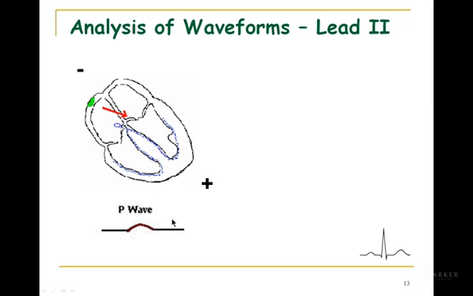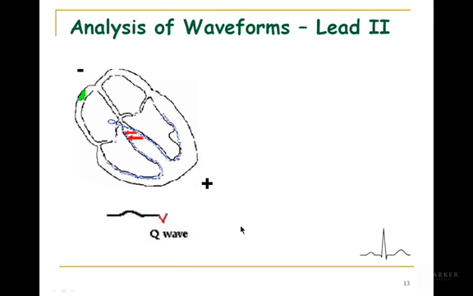Because there's not as much muscle mass involved, as well as the fact that the atria take longer to depolarize than the ventricles, the P wave is a little bit wider compared to the QRS complex. So the P wave is smaller in amplitude than the QRS complex because it has less muscle mass, as well as taking longer to depolarize. That's why it's a little bit wider. It's upwards deflected because the average direction of current flow is running towards the positive recording electrode.